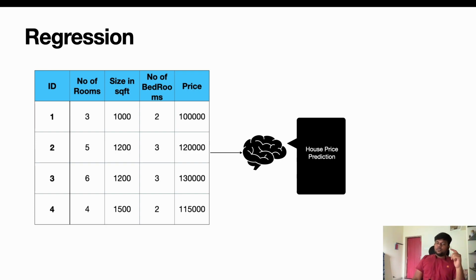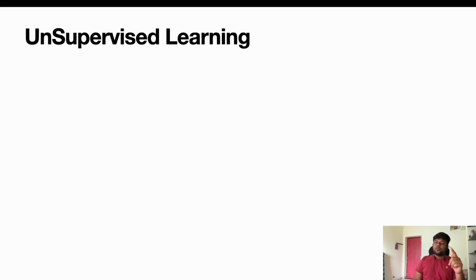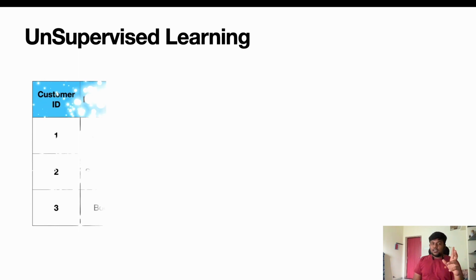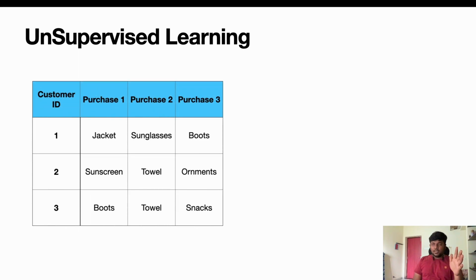The second one is unsupervised learning. In supervised learning, we have labeled data. In the classification problem, we have the different features available in the data, like in the heart disease problem we have BP, cholesterol, sugar, diabetic details.